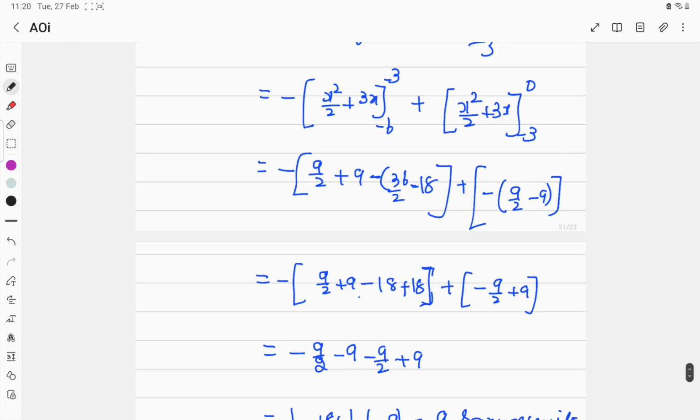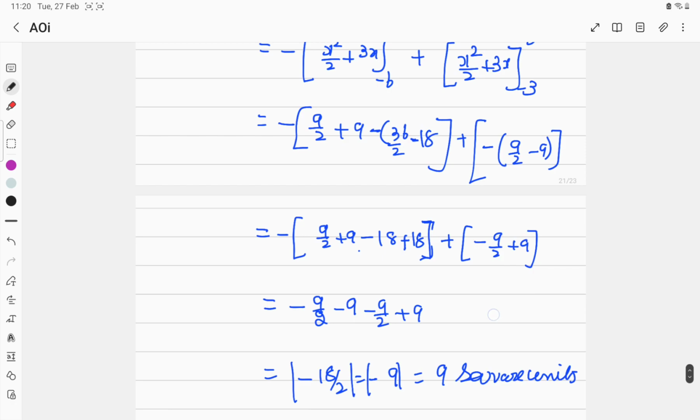Substituting the upper and lower limits, we get 9 square units.